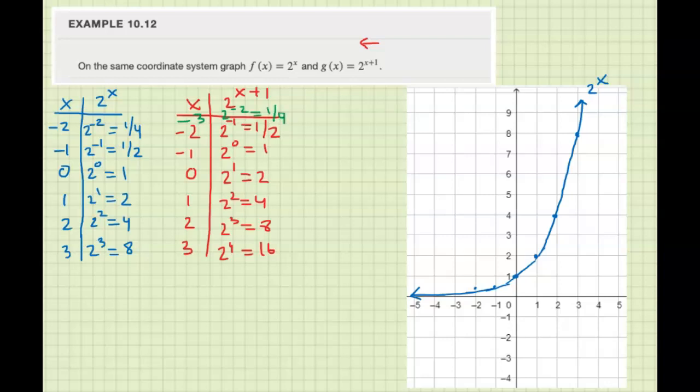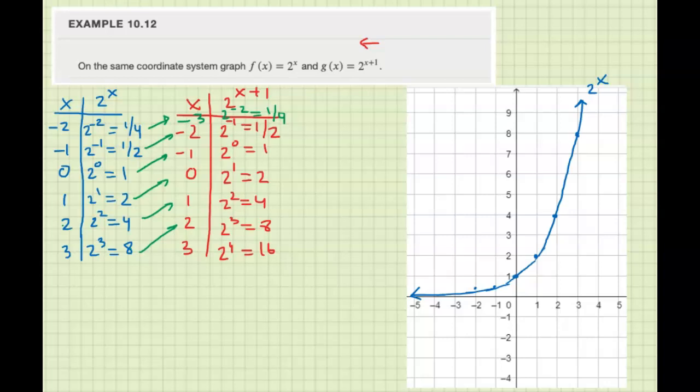Okay, so you can see that same values, but they're shifted, right? So the x values are shifted. For x is 3, you get 8, but now you get 8 for x is 2. Here for x is 2, you got 4, but here you got 4 earlier for x is 1.